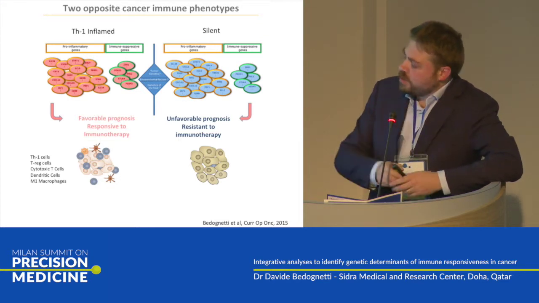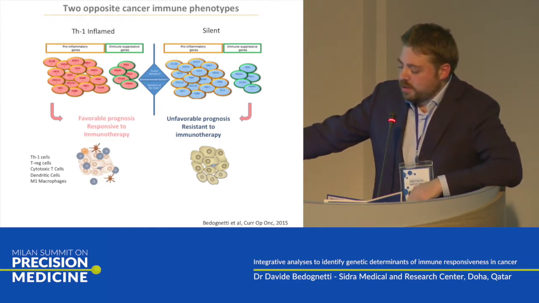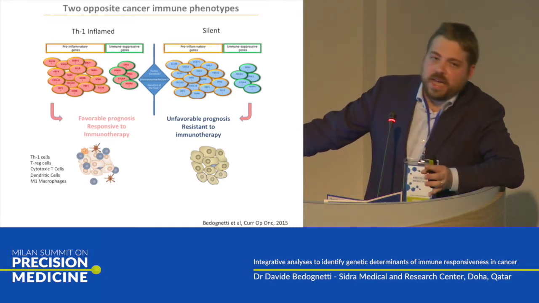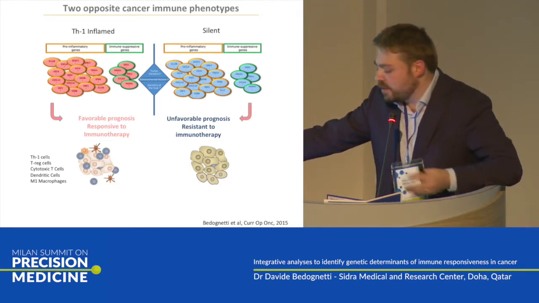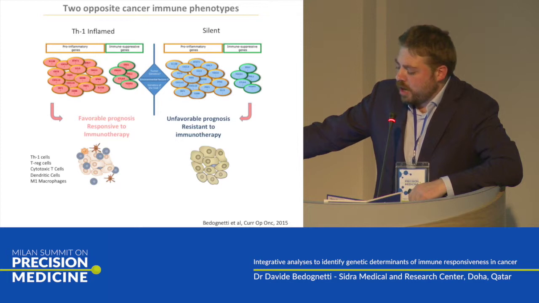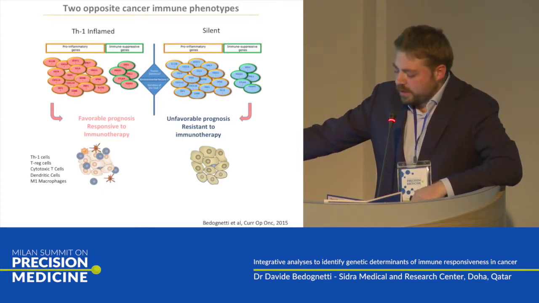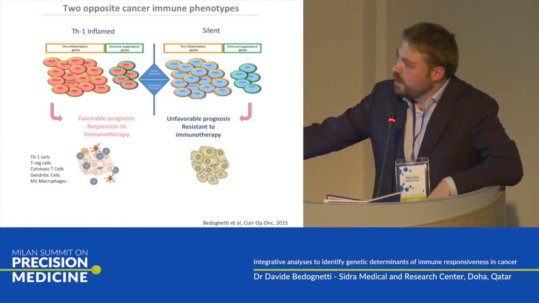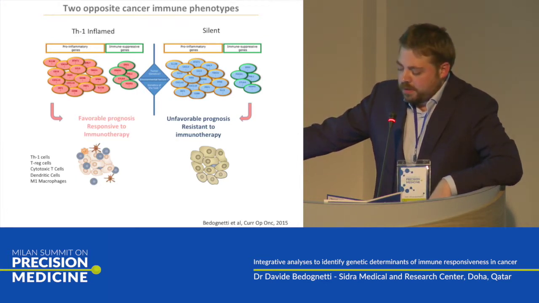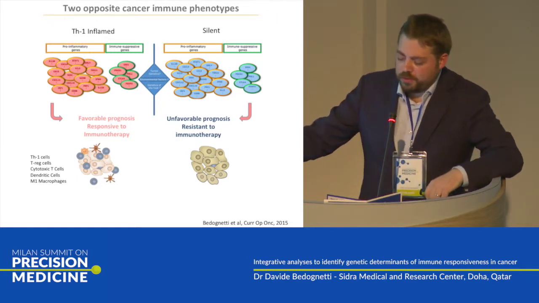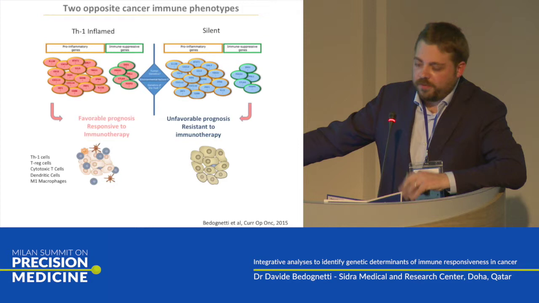The opposite phenotype is called silent and doesn't display any sign of inflammation and doesn't display any sign of immunosuppression, so it is completely silent. The first one is associated with favorable prognosis and response to immunotherapy, and the other has the opposite features.